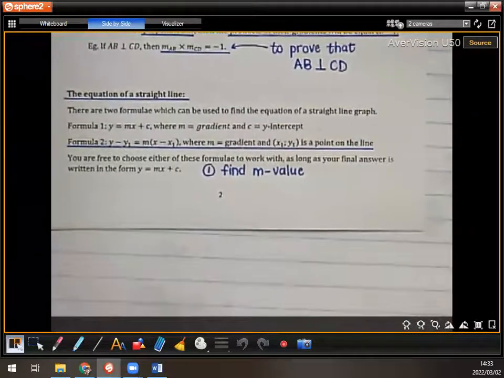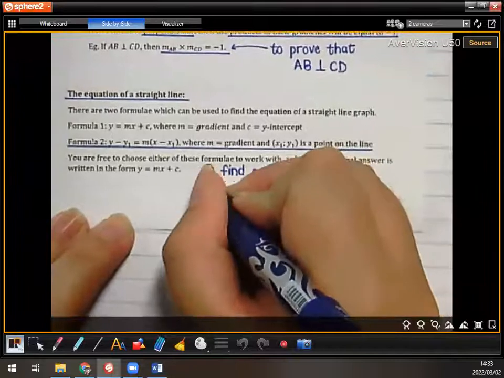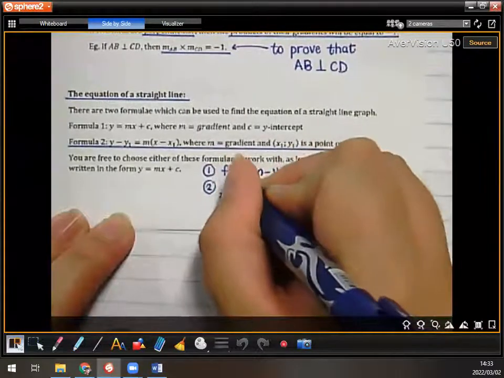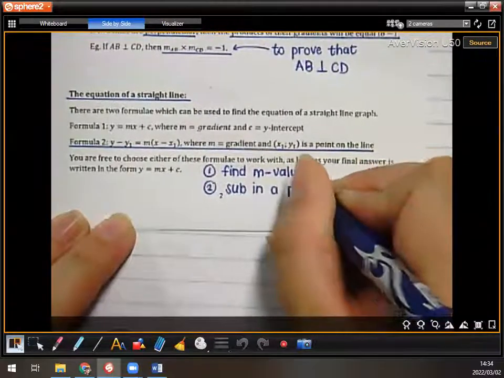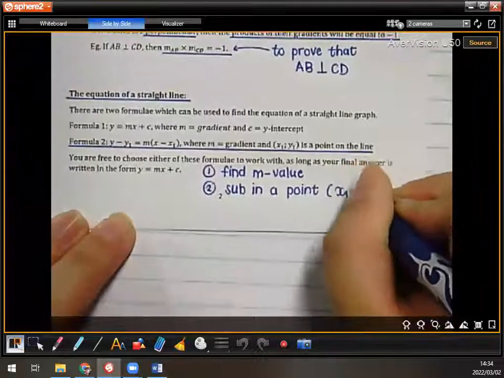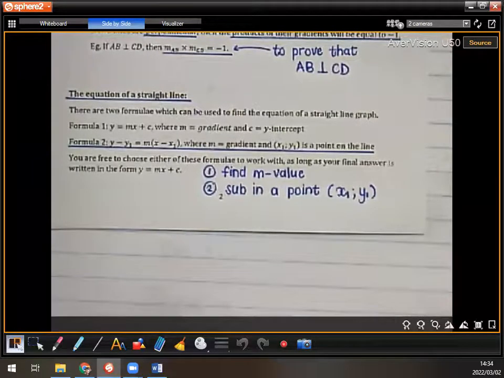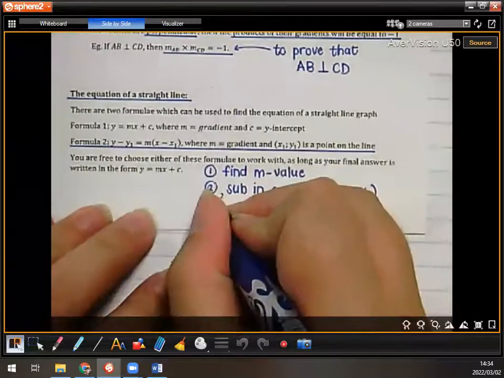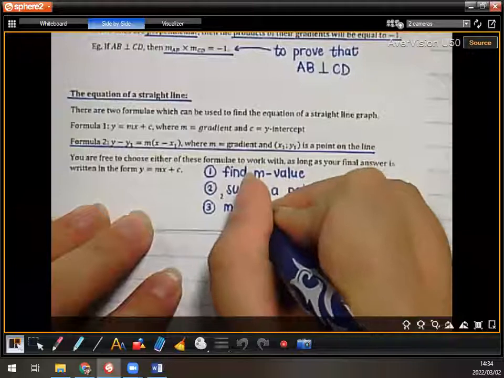And we need that formula for gradient, change in y over change in x. Okay, so that's going to be the first thing that you're going to do. And then step 2 is going to be to sub in a point. And we are going to sub it in where it says x1 and y1 in the formula. And then step 3 will just be to multiply out the brackets.